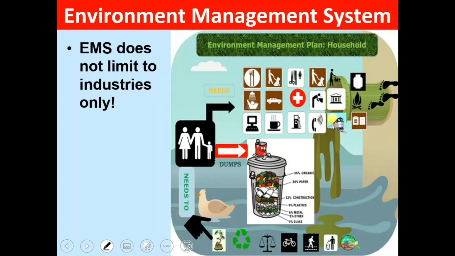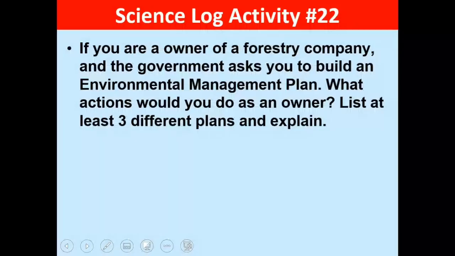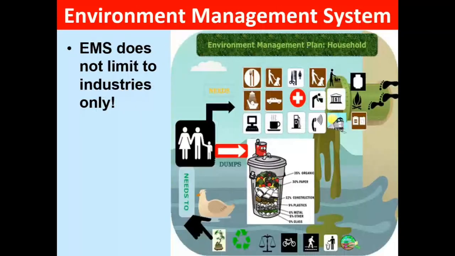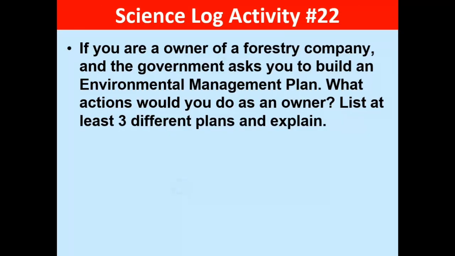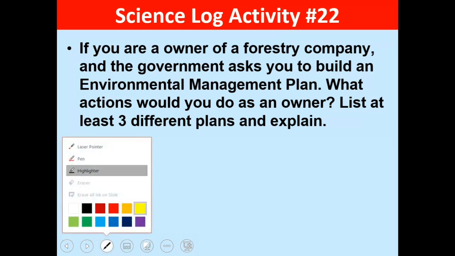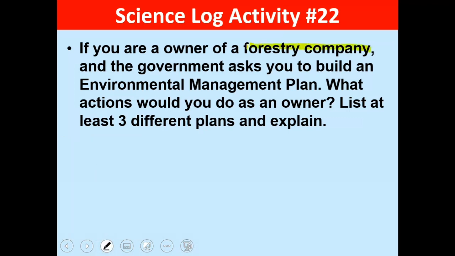An environmental management system, however, is not limited to industries only. We talk about our daily life actions too. So, as a last activity, here is what I want you to do. Imagine you're the owner of a forestry company in Alberta or British Columbia, any place that you can think of.